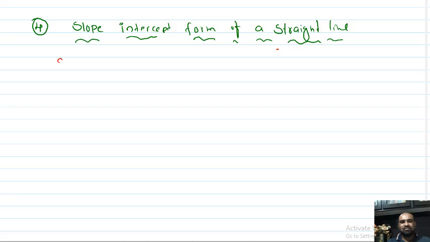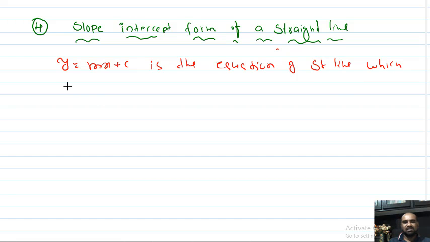Here I will write: y equals mx plus c is the equation of straight line which is known as slope intercept form.